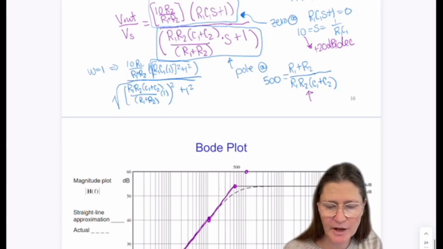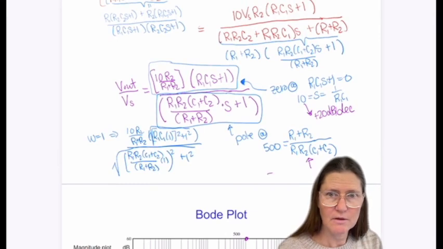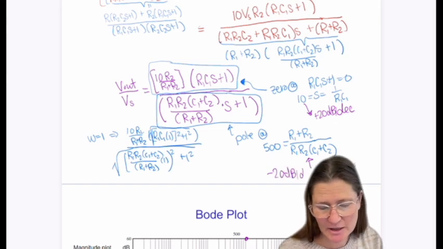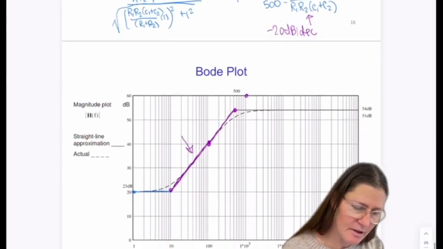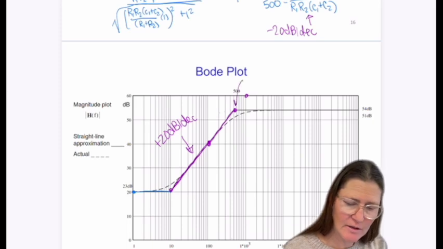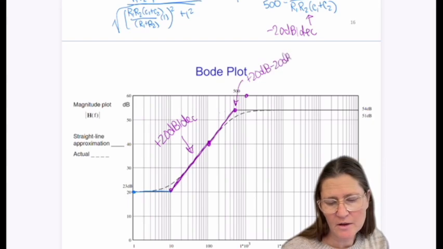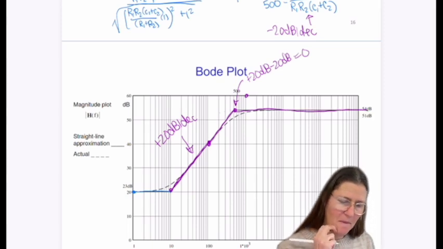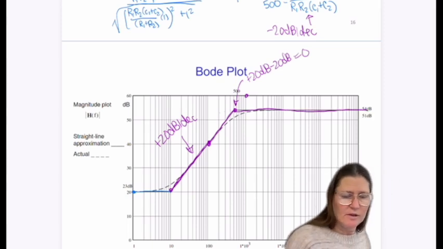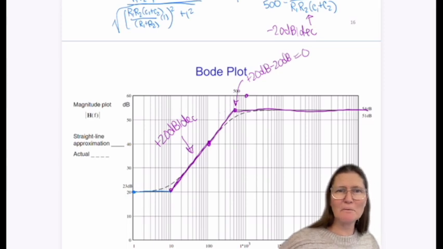And what happens at 500? Minus 20 dB per decade. So I add that on. I've gone up by 20 dB, so I add on the minus 20 dB. And that gives me back to 0, and then it will be flat. So this would be the graph of this circuit.